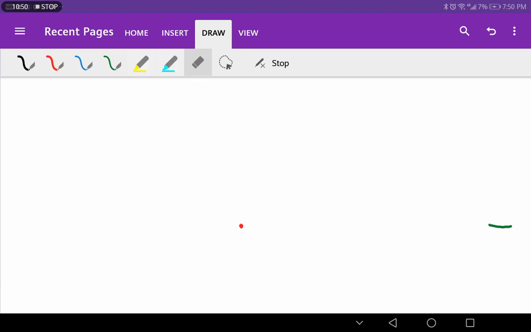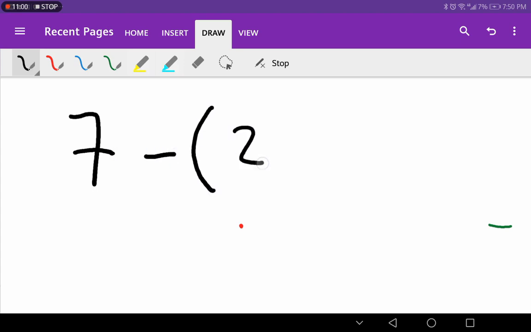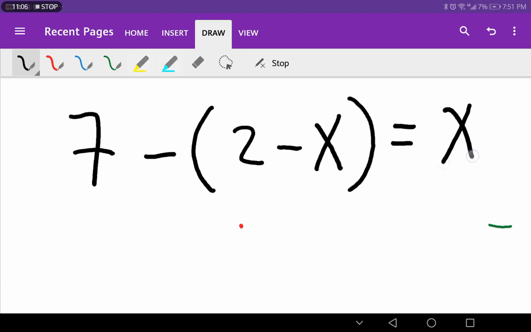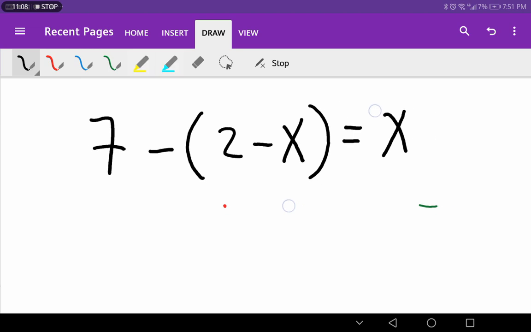If we have a situation like this, you remember in the class, every time I ask you to be careful of the negative outside the parentheses.